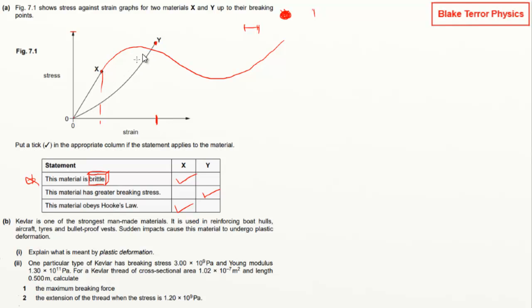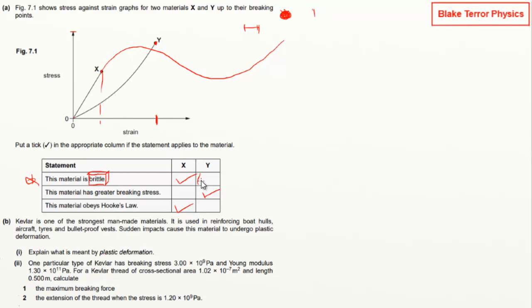Okay, it looks as though it's about 3 times or slightly less than that, 3 times the extension that we've got for X, but they could still be very small extensions, and then it just suddenly breaks. So for all intents and purposes, this isn't far off being a straight line. Whether we'd be able to tell between X and Y very easily, as to X is brittle and Y isn't, I think is open to debate.